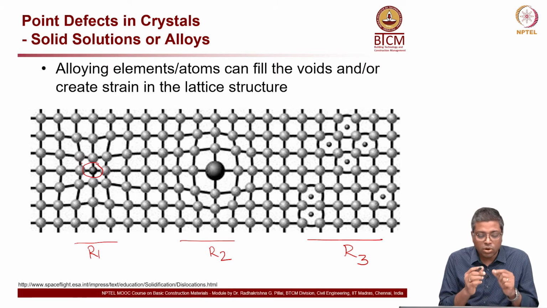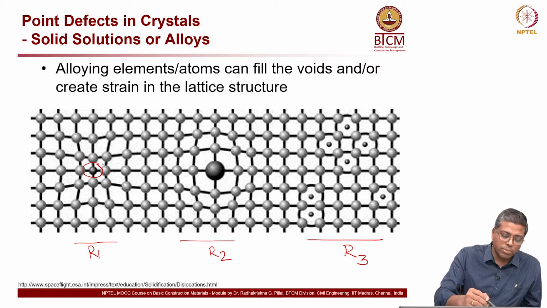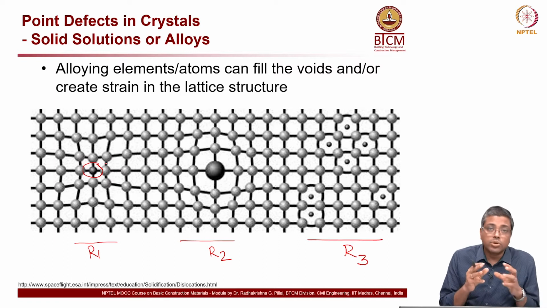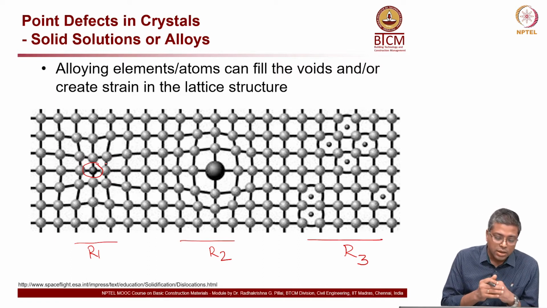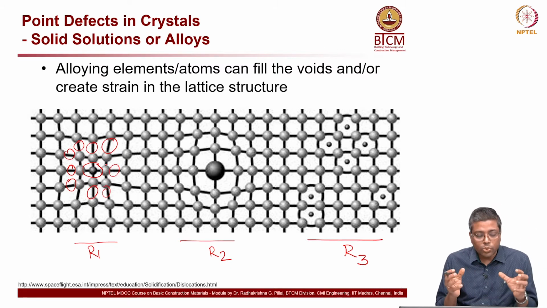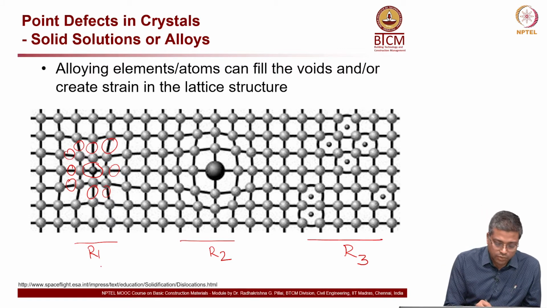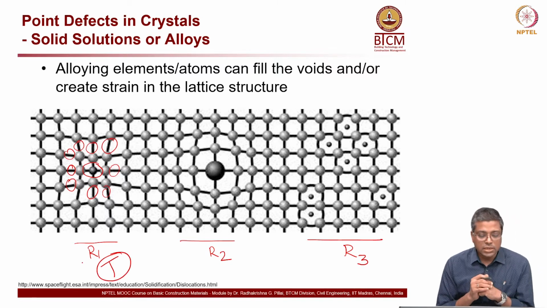Look at the length of the black lines, they indicate the bond between two atoms. Now, when I put this smaller atom there, the length of these bonds gets stretched, okay. When they get stretched, this region will experience a tensile stress.